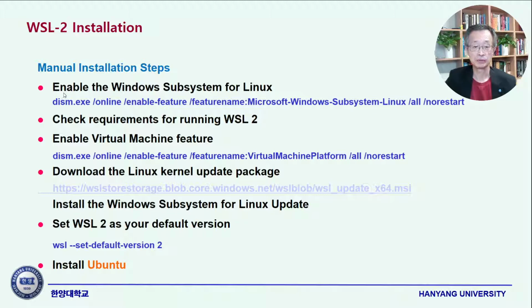Firstly, enable the Windows Subsystem for Linux by issuing this dism.exe command, and these are the options. You may copy this from the Microsoft website and paste it onto your PowerShell window, or you may copy it from my comment on the YouTube website.